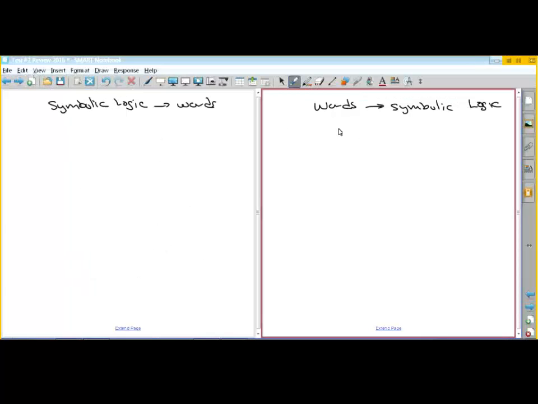We also started with the words, and we converted that into symbolic logic. Let me see if I can find it. What page it is? Those should be easy. I'm not going to do an example.